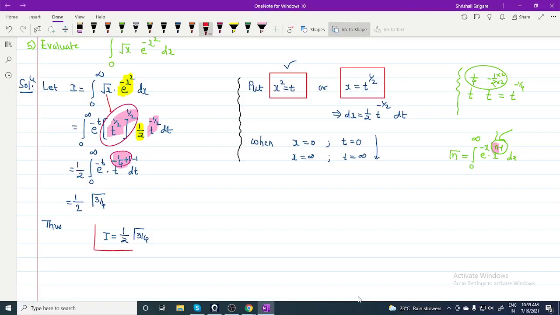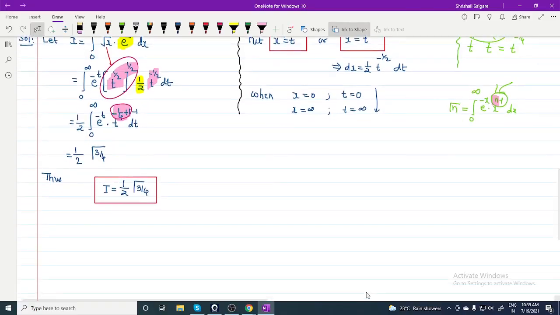So one more example I will write. Try to evaluate that. So the sixth example. Any doubt? Any questions? Sixth example.